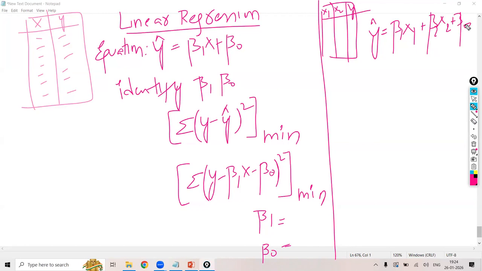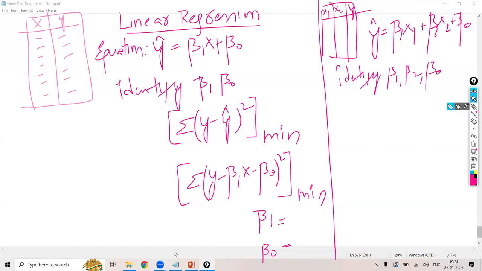How many unknowns are there here? Beta 1, beta 2, beta naught. Three are there, out of which two are slopes and one is the intercept, common in every case.